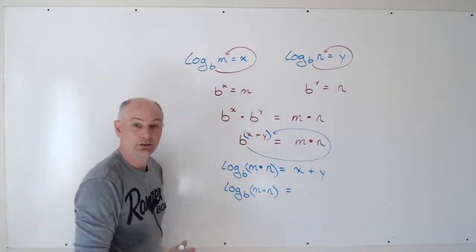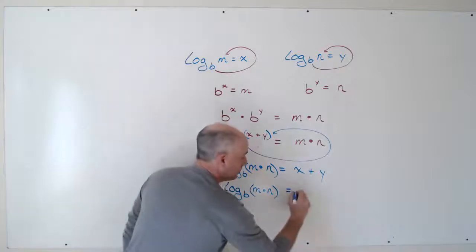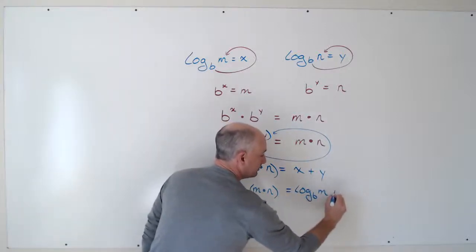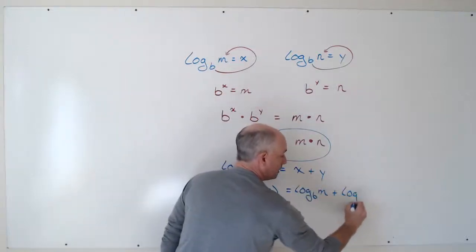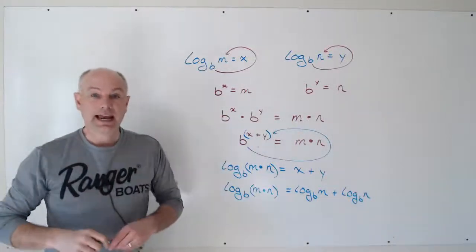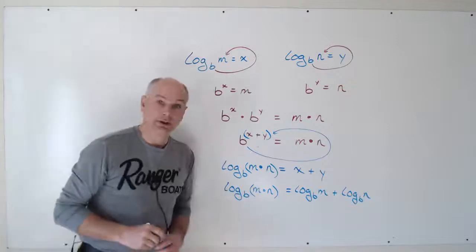If I replace the x with log base b of m and replace the y with log base b of n, I have what is considered a multiplication rule for logarithms.